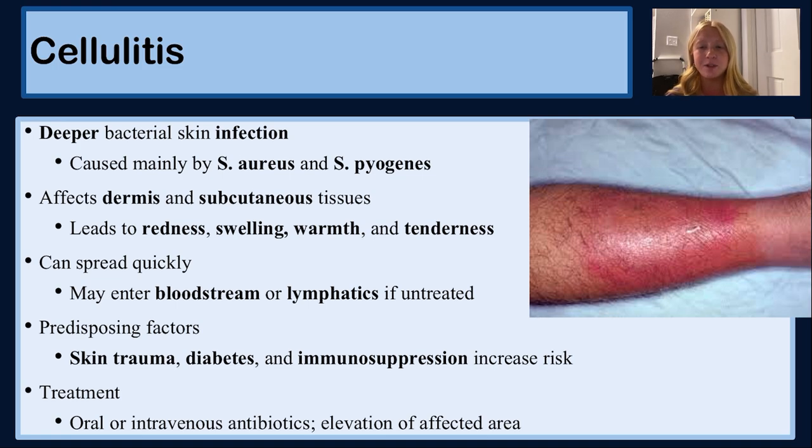This infection lies deep, so it can spread rapidly through lymphatic vessels or into the bloodstream, leading to a systemic infection. It's usually common in people with diabetes, circulatory problems, or immune suppression. Treatment usually requires antibiotics, or in a severe case, maybe IV therapy. It's important to catch this early on to prevent complications like necrotizing fasciitis.